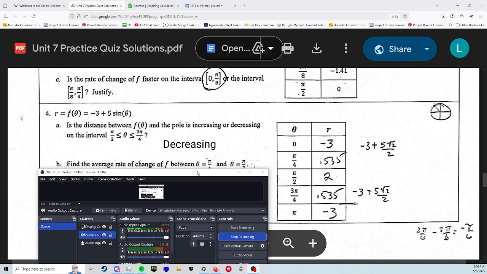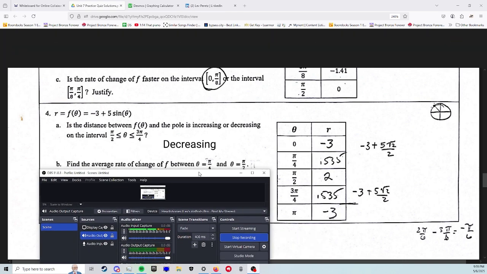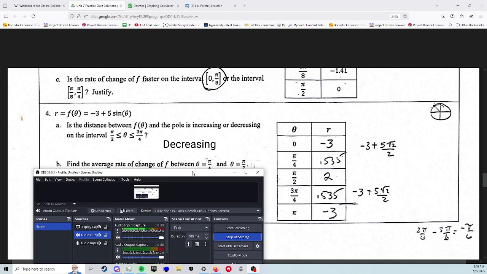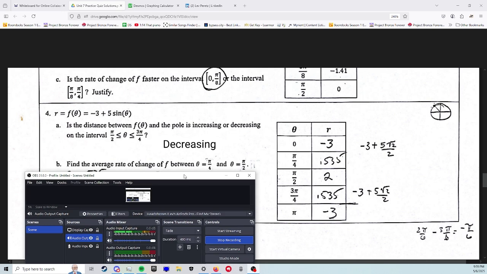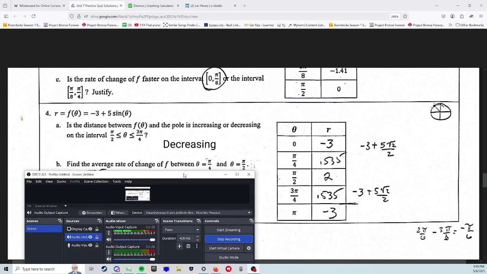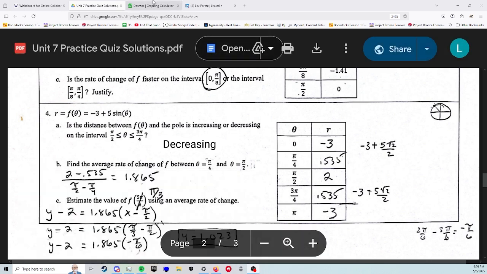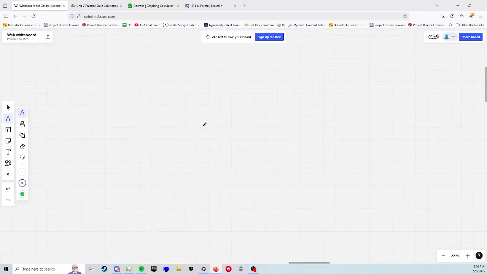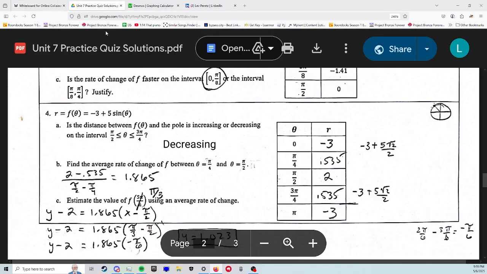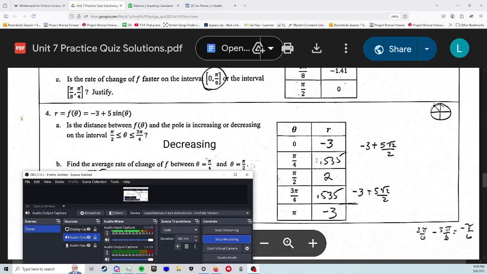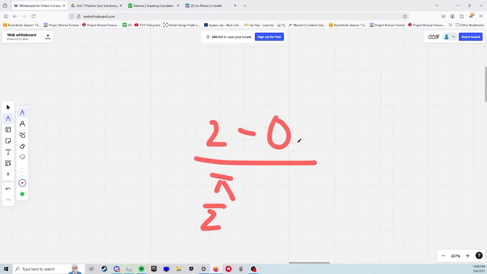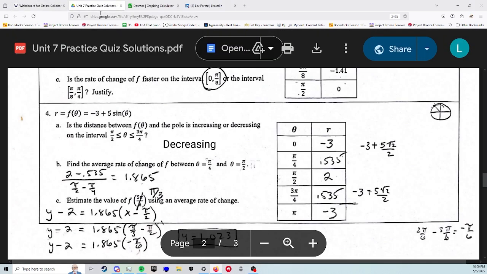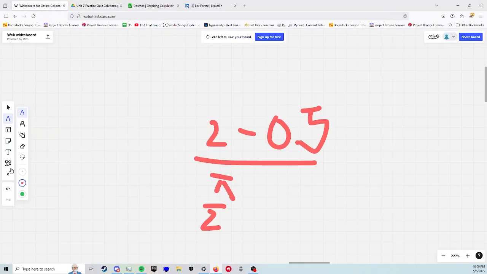Okay. Find the average rate of change of f between theta pi over 4 and theta pi over 2. Okay, so pi over 2 is 2. This is pi over 2. And then pi over 4 is 0.535.